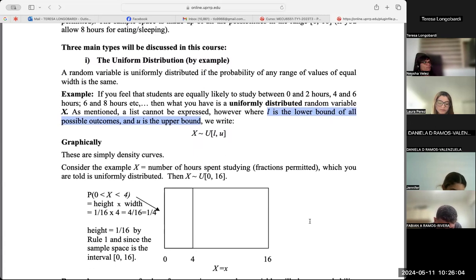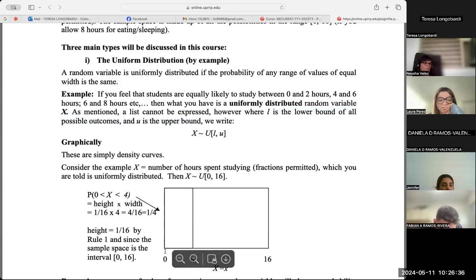Here's an example. Okay, so the example is that you're told that the number of hours that students study is uniformly distributed. It means that the chance that a student studies a range of 4 hours is the same anywhere along the line.